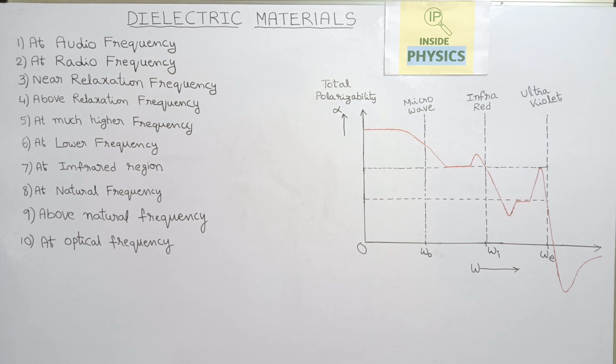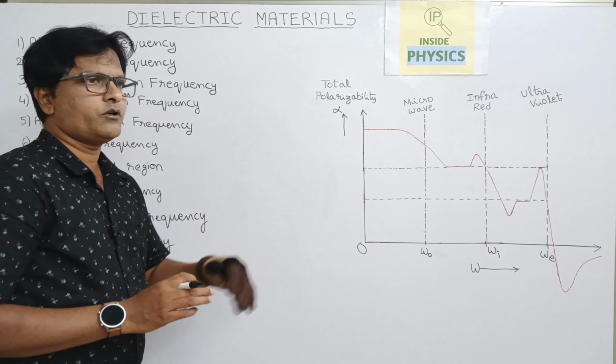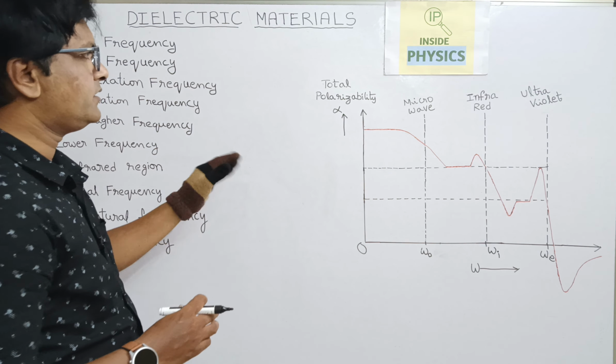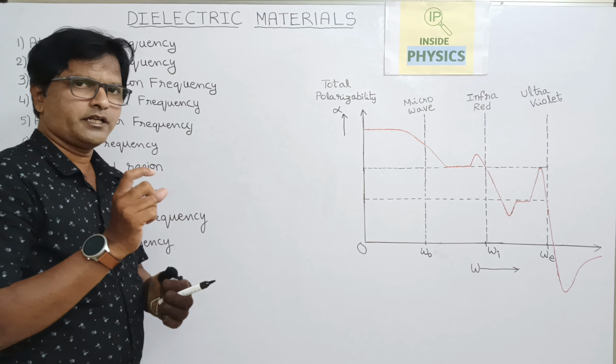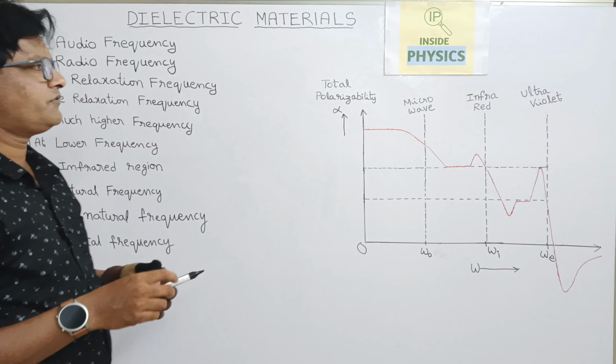See, when one constituent of the dipole is displaced relative to the other, it again experiences a restoring force proportional to the displacement and executes simple harmonic motion. When you take the example of ionic polarization in the infrared region, the dipoles execute simple harmonic motion because of the variation of frequency.